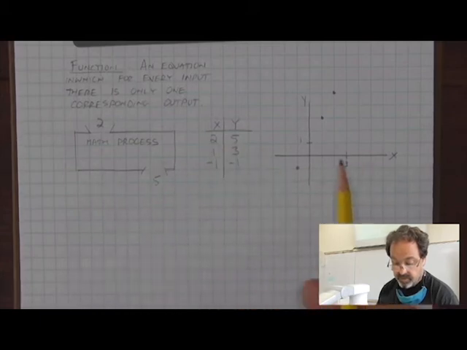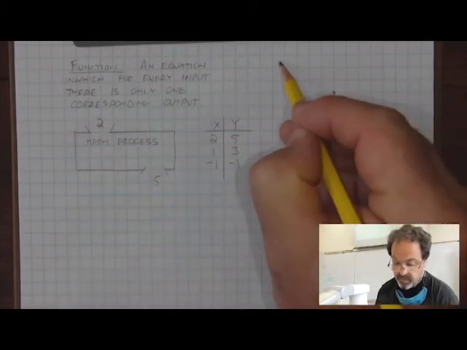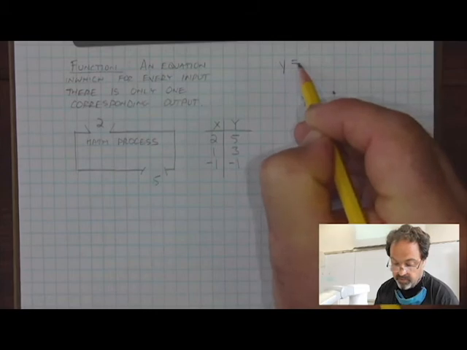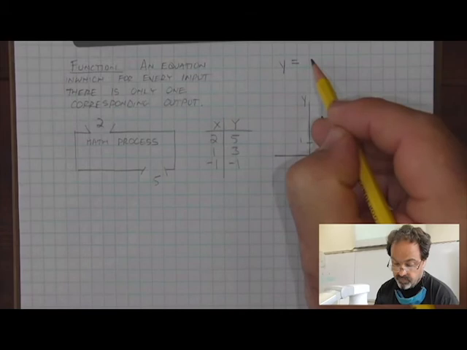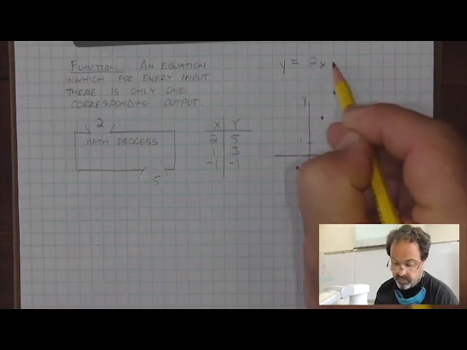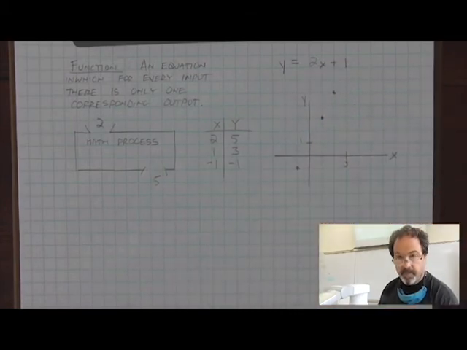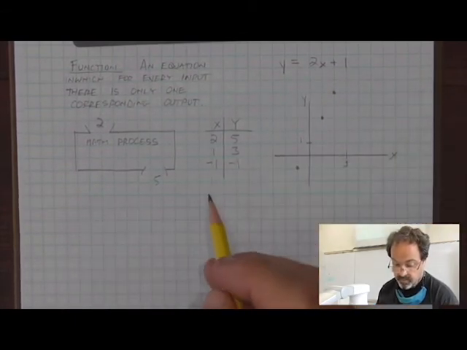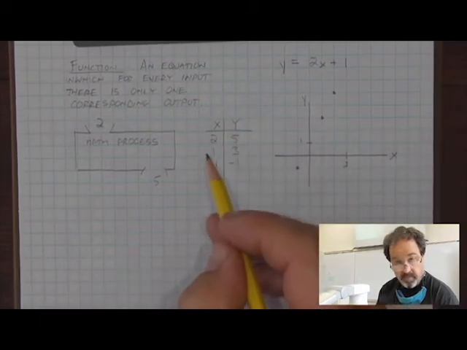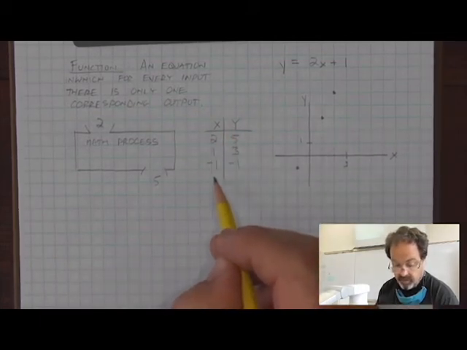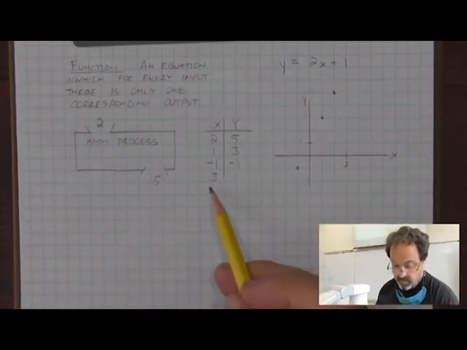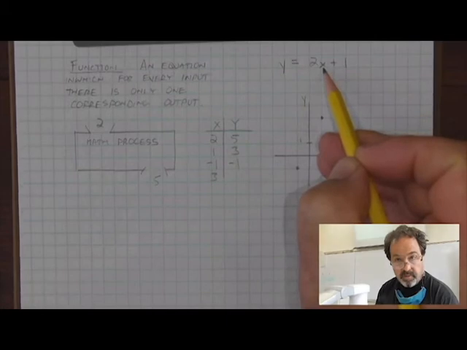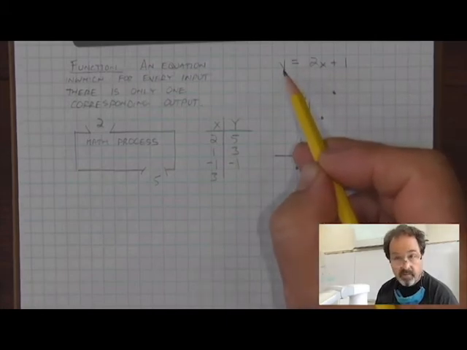If we investigated these numbers, we might chance upon the equation that this is the graph of. The equation for this, with a little bit of analysis, is 2x plus 1. With the equation, I could use it to make more points in my table. If I chose to input 3, then the x would be replaced by 3, so I could find the corresponding y value.